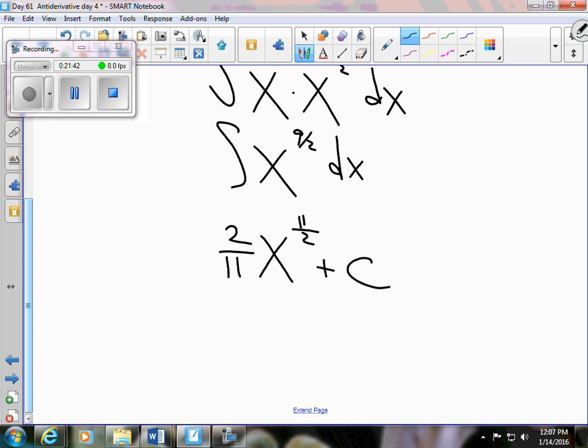What other ones did you guys probably get messed up? Don't be afraid to ask, because I'm sure other people are confused too. You see for number 12, because when I was checking papers, a lot of people had that one blank. For 12, look at that first term. It's 3 over cosine squared x. What is that the same as? Well, 3 divided by cosine squared x is the same as 3 times secant squared x.